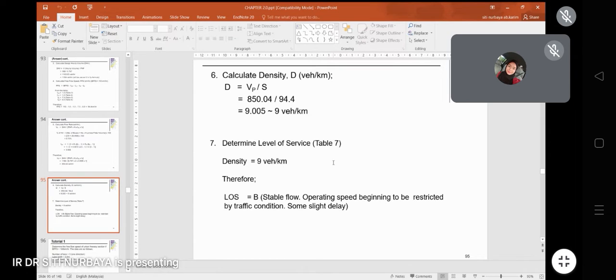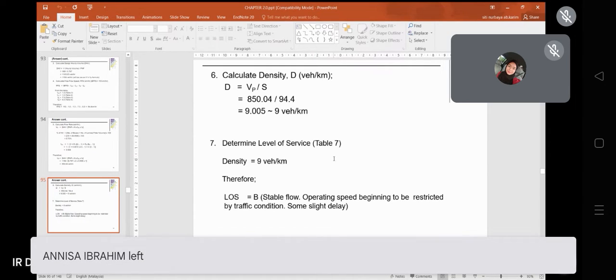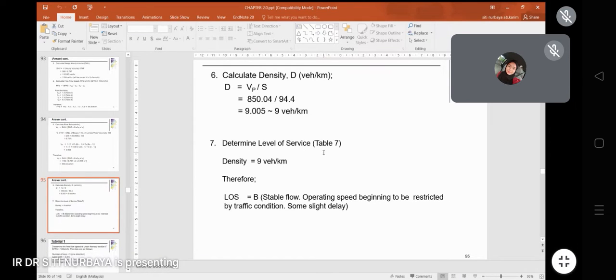Copy first. I will show you how we read the value of the level of service from table 7.